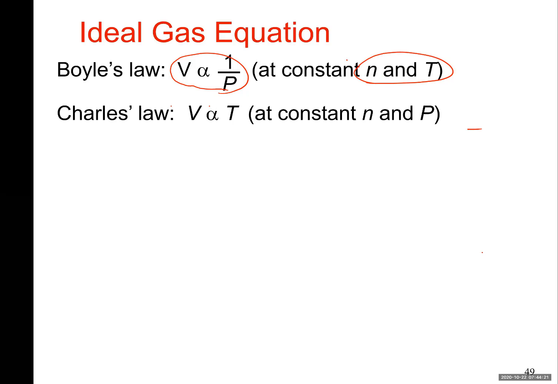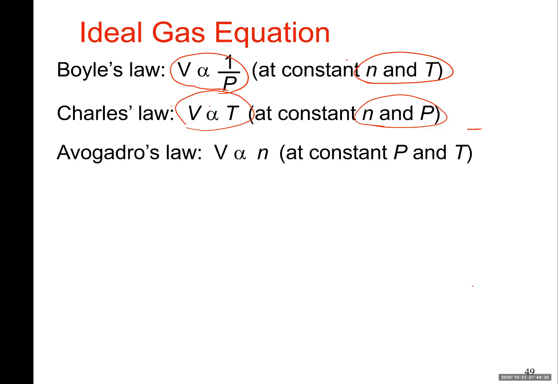And again, Charles' law related volume and temperature, keeping these 2 constant. And Avogadro's law studied relationship between volume and number of moles of the gas, keeping these 2 parameters constant.